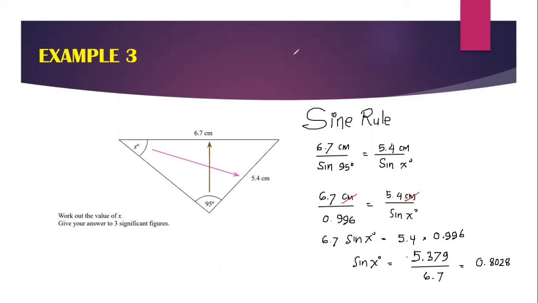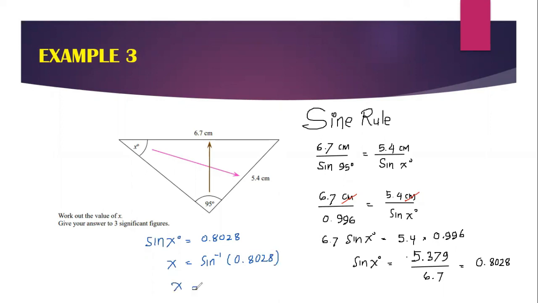So sine x degrees equals 0.8028. So x is sine to the power minus 1 of 0.8028, right, everyone?